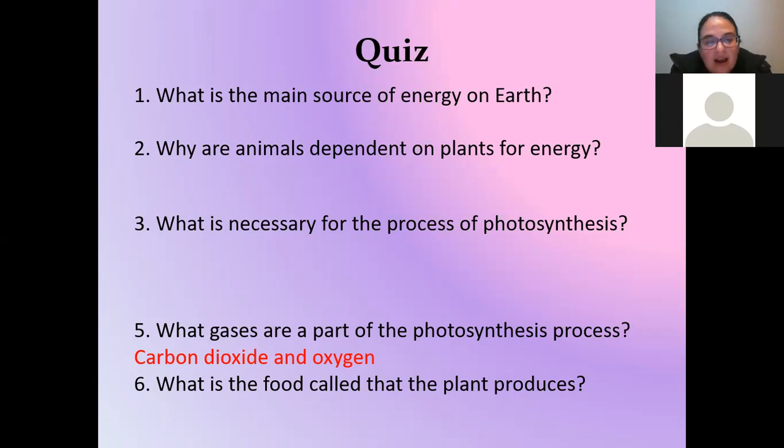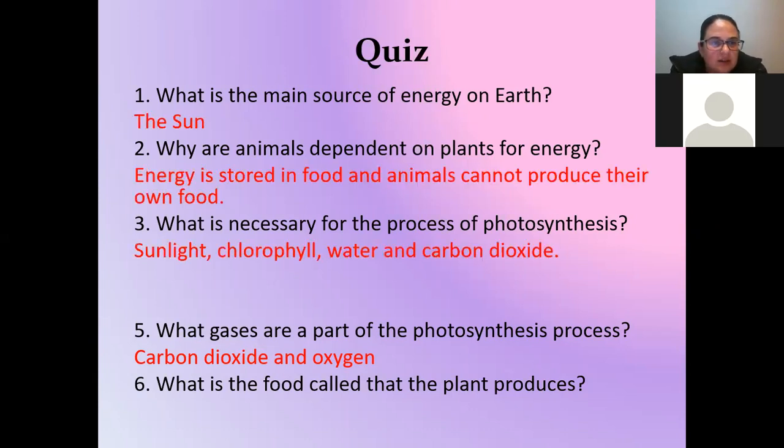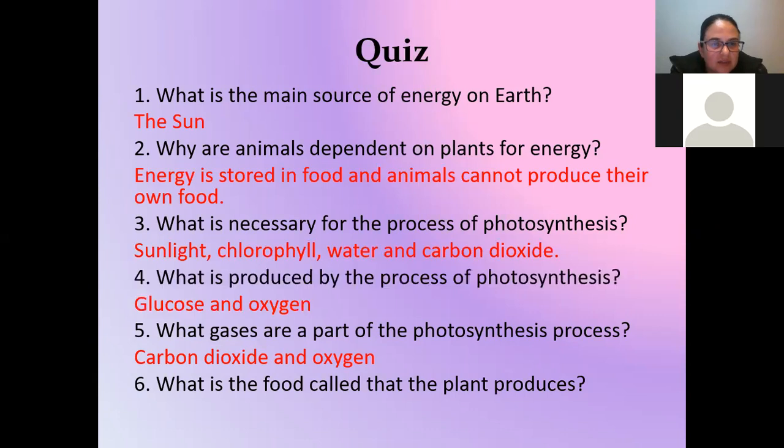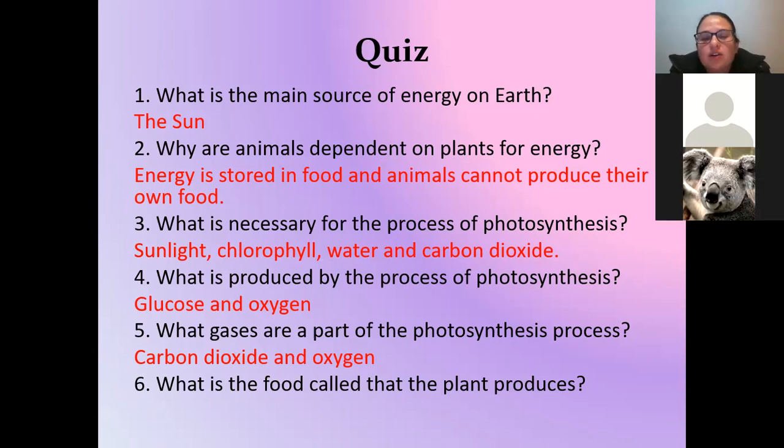Perfect. What is produced by the process of photosynthesis? There's a question missing there. Oh, the answers popped up too. So what is produced by the process of photosynthesis is glucose and oxygen. And then what gases are part of the photosynthesis process?